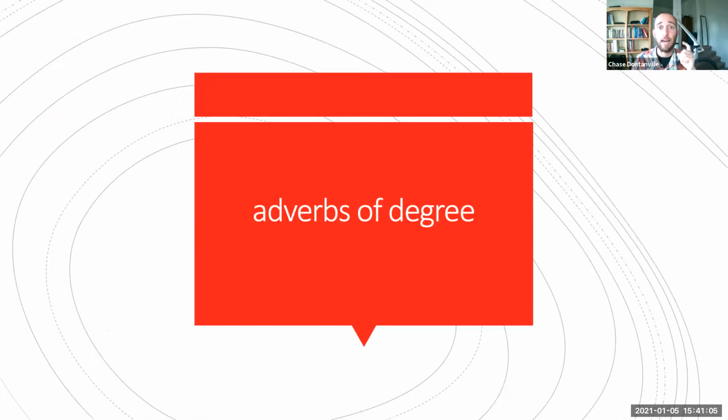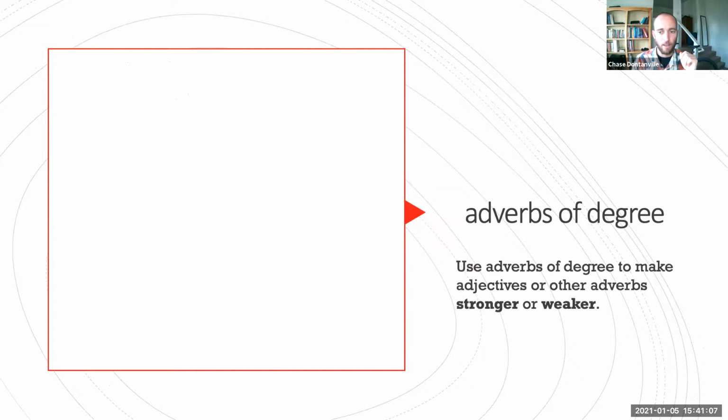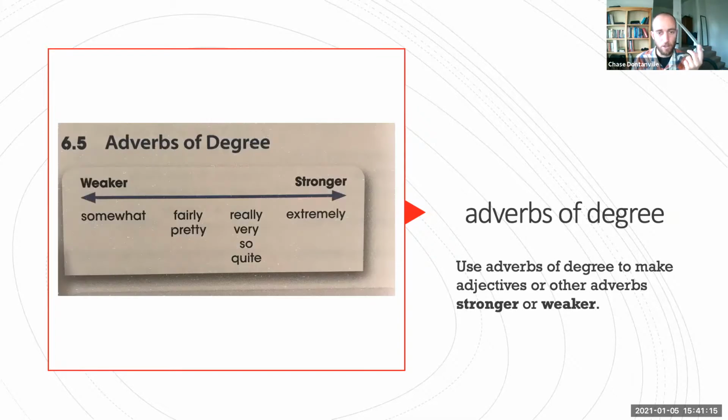Okay, adverbs of degree. Use adverbs of degree to make adjectives or other adverbs stronger or weaker. I'm sure you know some of these words. We have somewhat, fairly, pretty, really, very, so, quite, and extremely. So if you add these to adjectives or adverbs, we can make the adjective stronger or weaker, like extremely tired or somewhat tired.